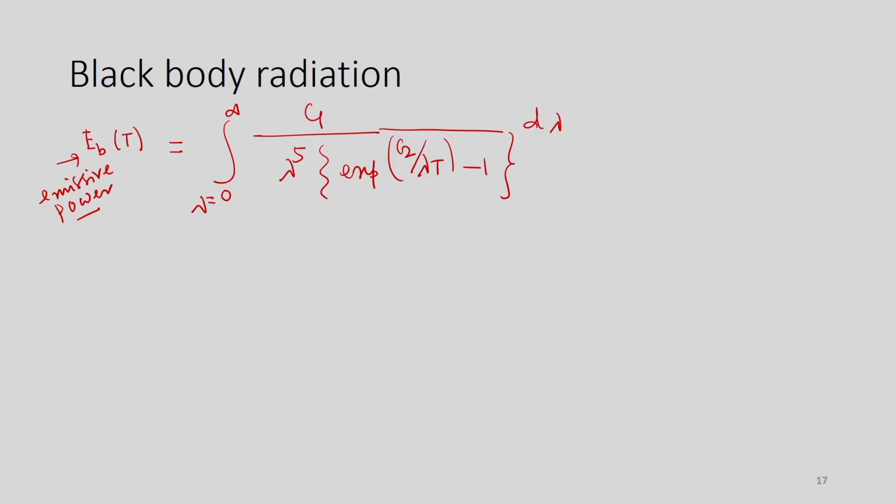So, if we integrate, I am not going to do the entire derivation. What we will get finally is sigma T to the power of 4, which is watt per meter square.